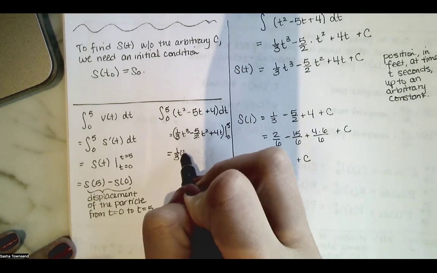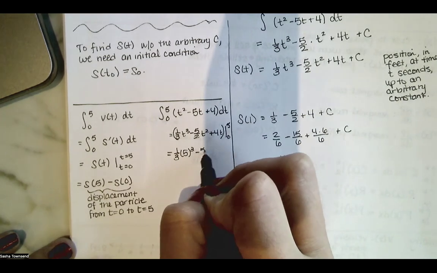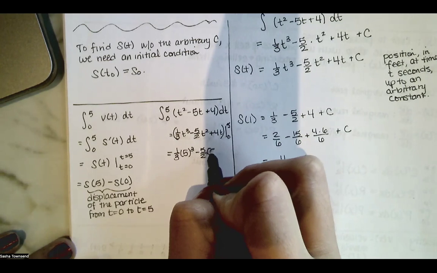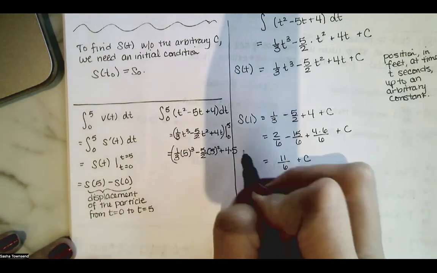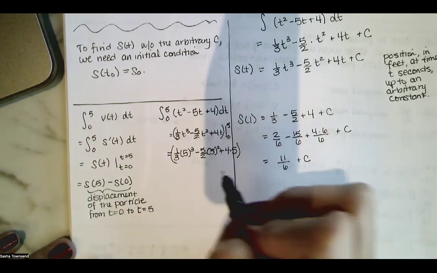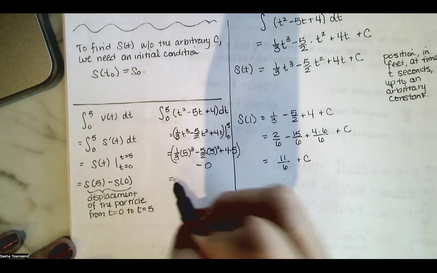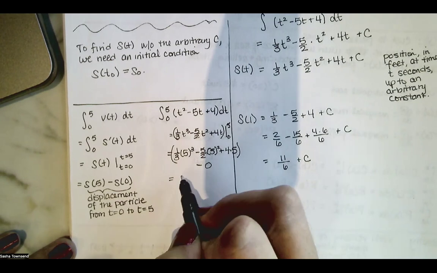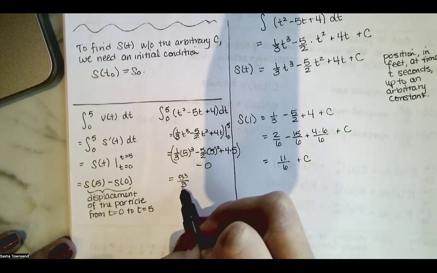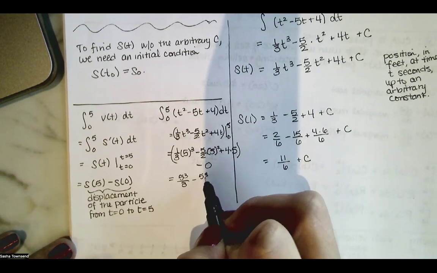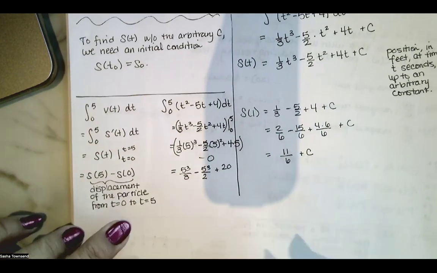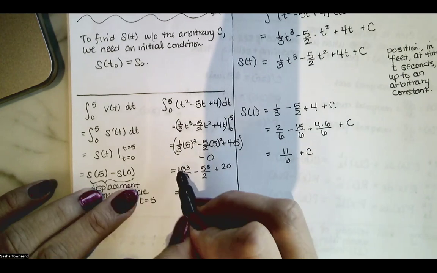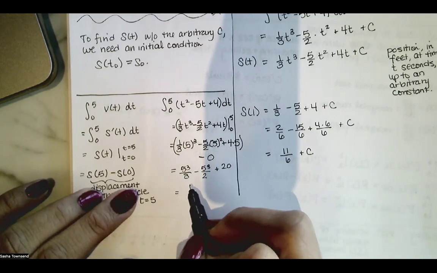So we'll have 1/3 times 5 cubed minus 5/2 times 5 squared plus 4 times 5, minus this expression evaluated at t equals 0, which is just 0. So we end up with 5 cubed divided by 3 minus 5 cubed divided by 2 plus 20. And if we get a common denominator, I'll multiply this by 2 divided by 2.